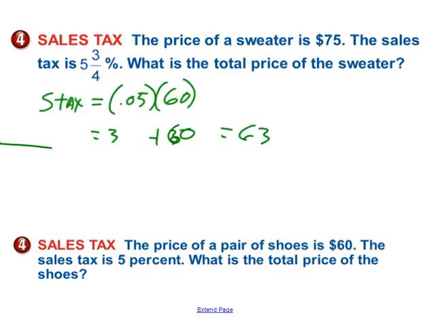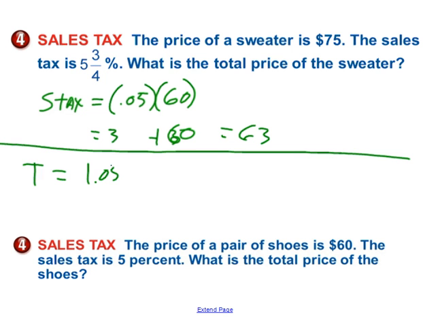Or I can do it all in one step, and I can say the total price is equal to the price of the object plus 5%, so 1.05 times 60. I'm going to turn to my calculator just to check. It does come out to be $63. Either way works just fine.